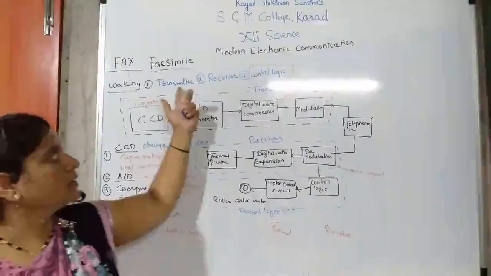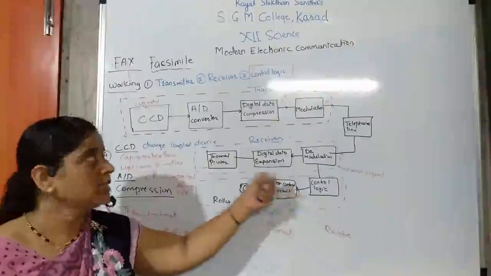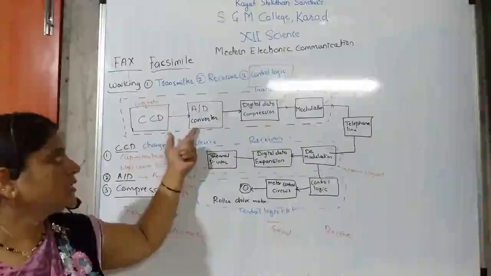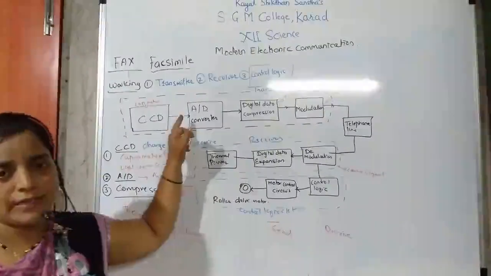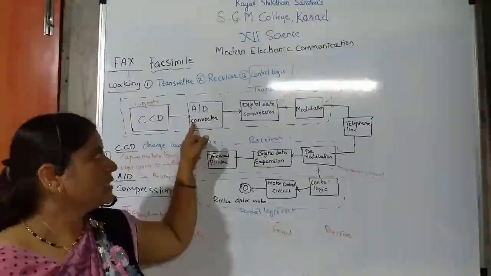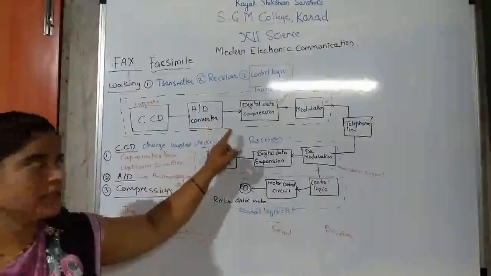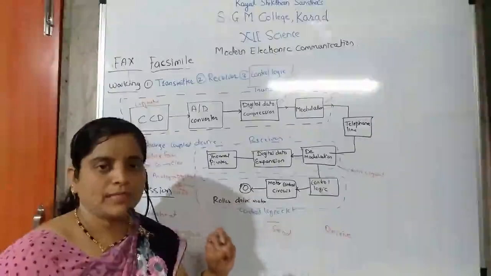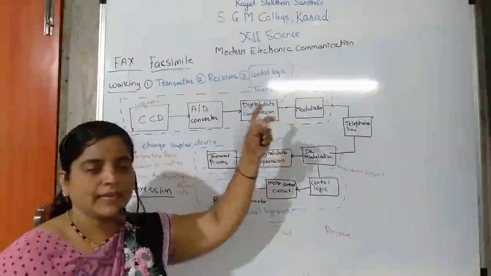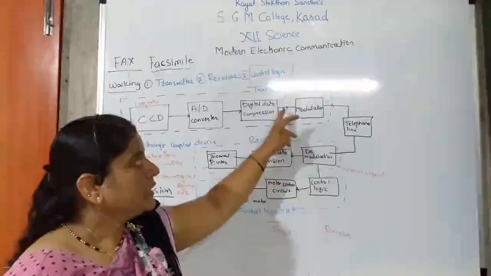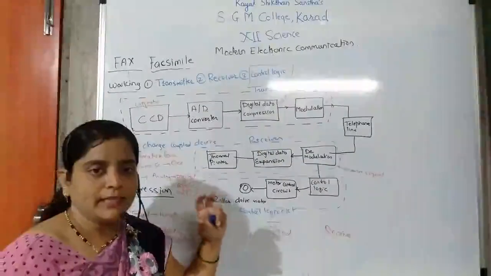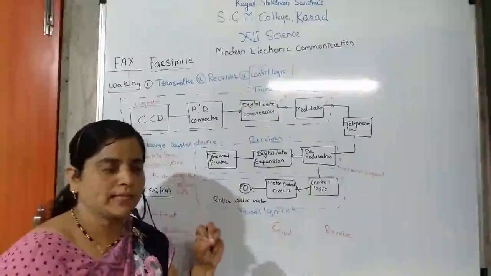So there are three blocks: transmitter, receiver, and control logic. In the transmitter, what is the CCD? Charge coupled device. It gives the signal to the A to D converter, which converts the analog signal into a digital signal, and that digital signal is given to digital data compression. Data compression is done using the VLSI technique, that is, very large scale integrated circuit. In this circuit the data is compressed.